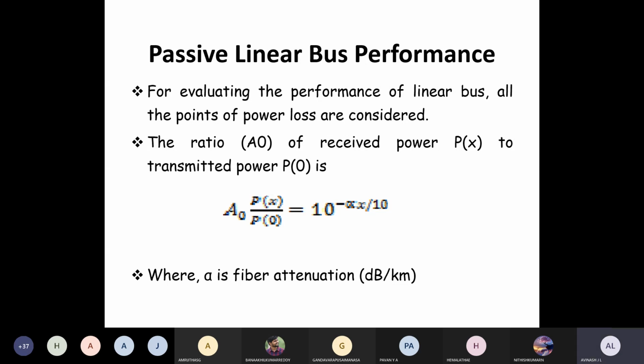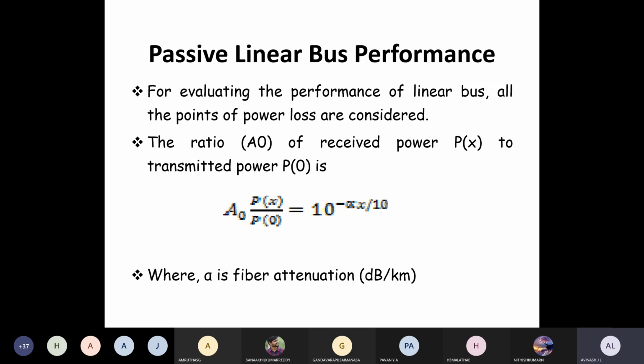Here the ratio A0 of received power Px to the transmitted power P0 will give the performance.